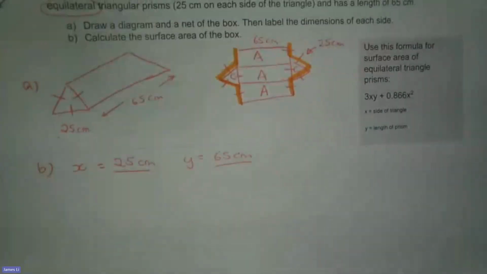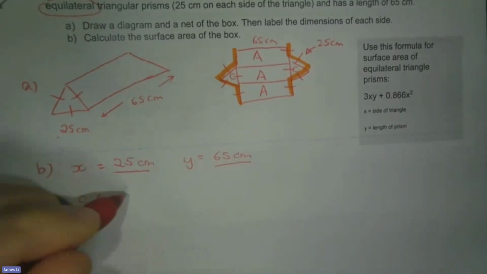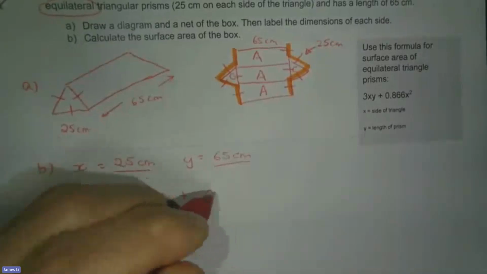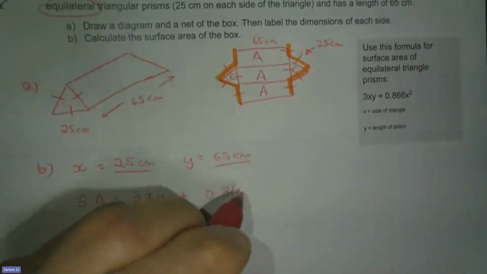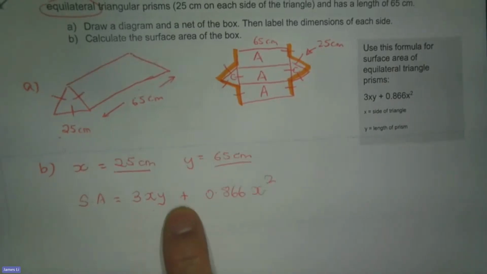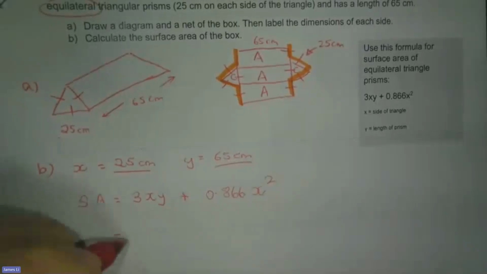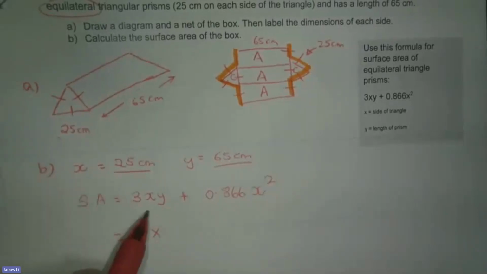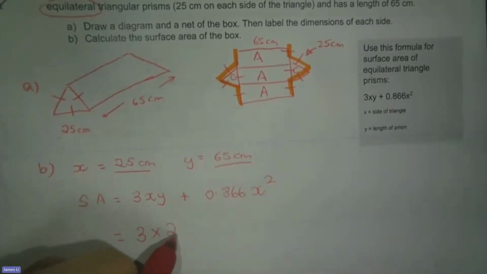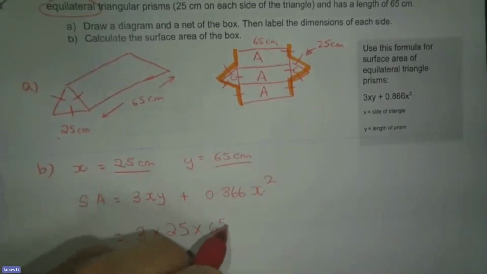And then to calculate the surface area, your surface area is 3xy plus 0.866 x squared. Okay, 3xy, 3 multiply, what is x? x is 25. So 3 times 25, what is y? y is 65.